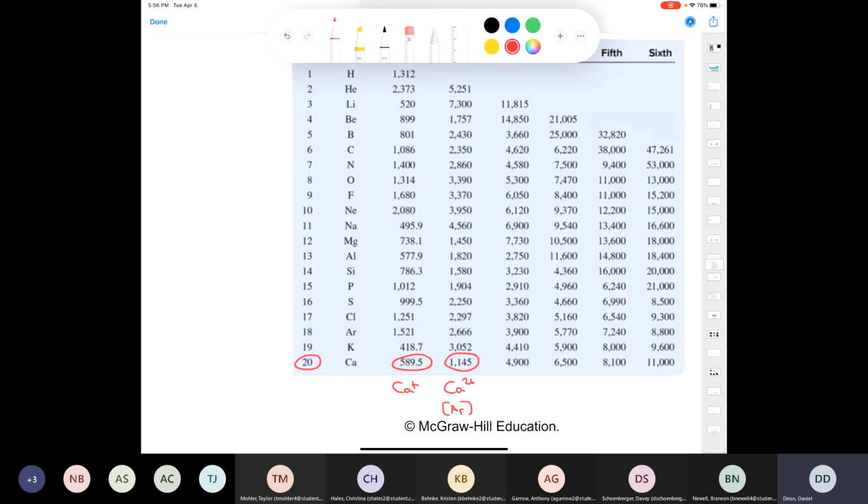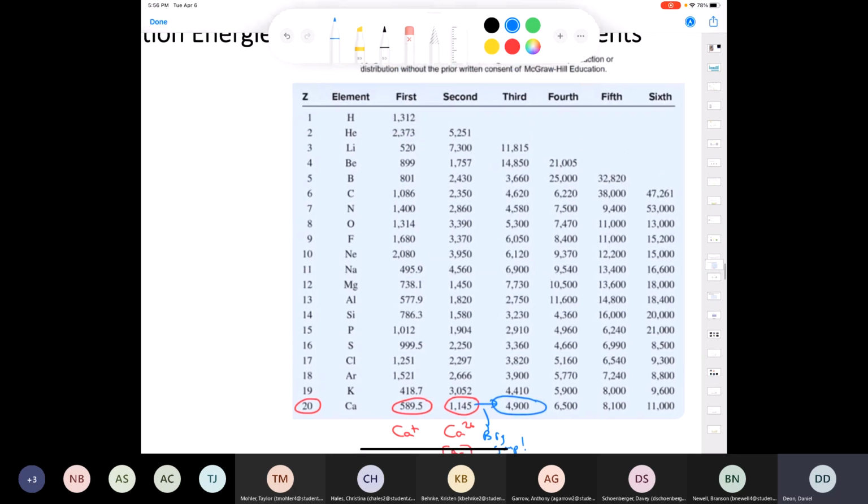So now if we go to remove another electron, whoa, it goes from 590 to 1145 all the way up to almost 5,000. So we have a big jump, okay? And the reason there's a big jump is because now you're ripping off core electrons. Pulling off core electrons takes a lot of energy.